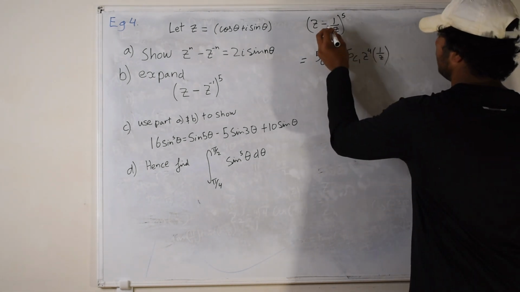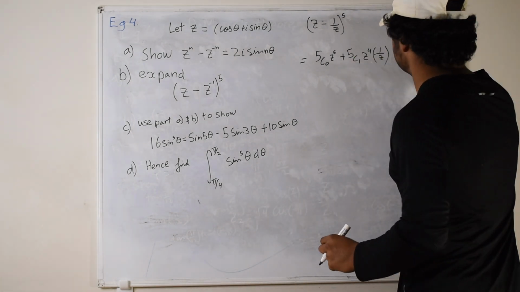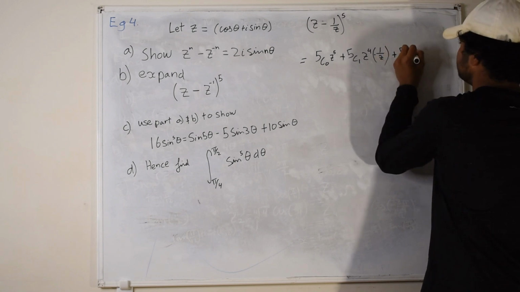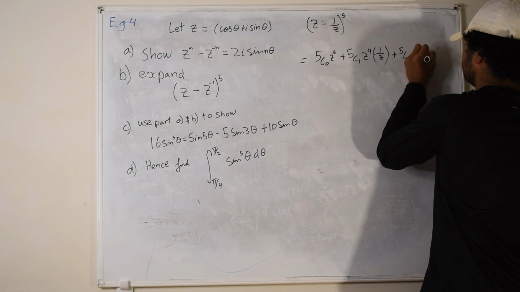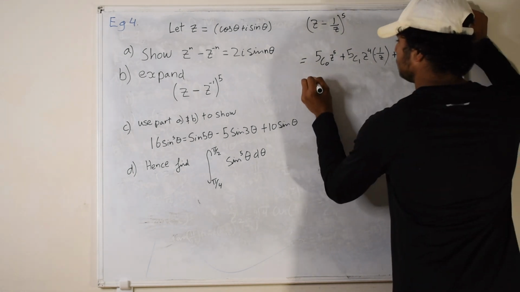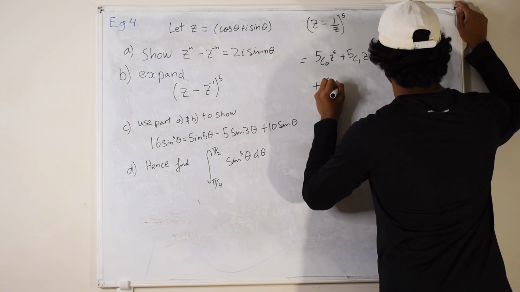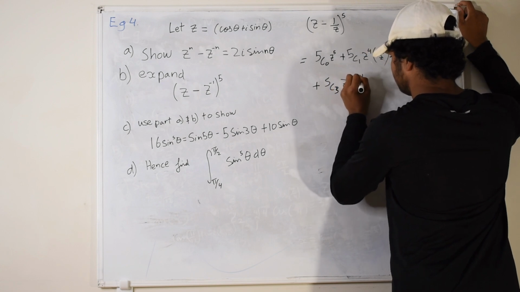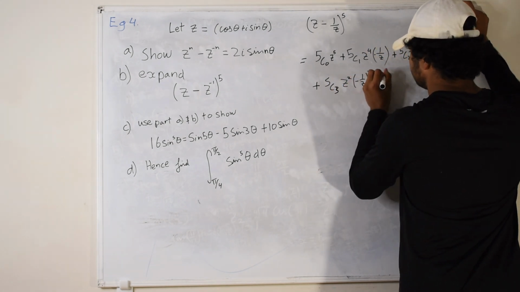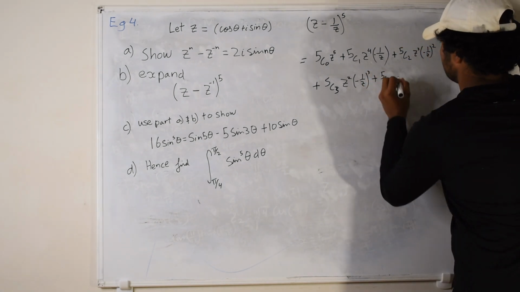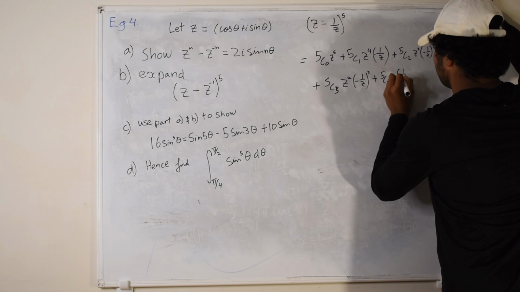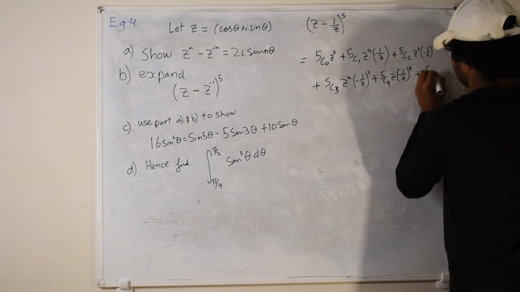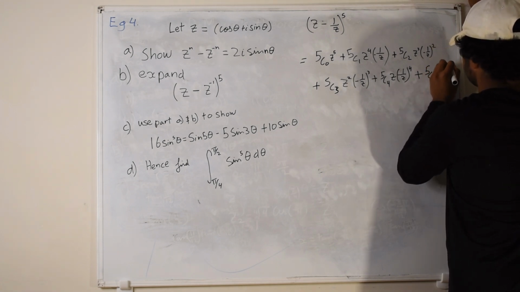It's always a plus, and then this then becomes a negative because it's to the power of 1, plus 5C2, we have z to the power of 3 times negative 1 upon z, all squared, plus 5C3, we've got z squared, negative 1 upon z to the power of 3, plus 5C4, z multiplied by 1 upon z to the power of 4, plus 5C5, negative 1 upon z to the power of 5.